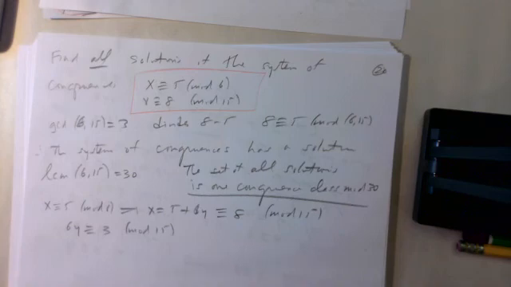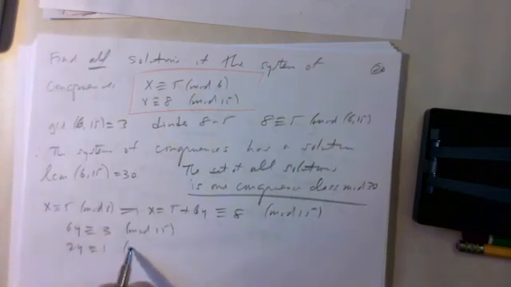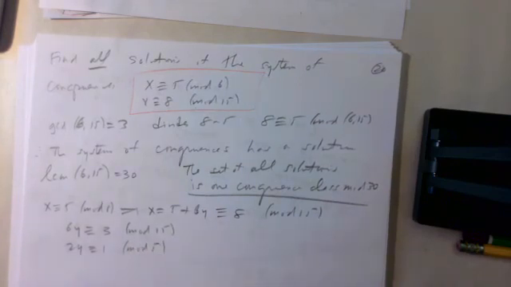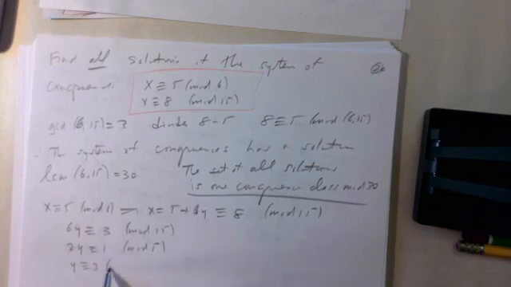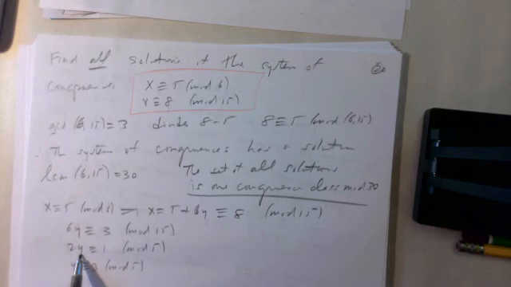So what's the solution of that? Well, I want to make it easier. If I divide these three numbers by 3, it's the same as solving 2y congruent to 1 mod 5. So I can take any y congruent to 3 mod 5. Plus 2 times 3 is 6, 6 minus 1 is 5.